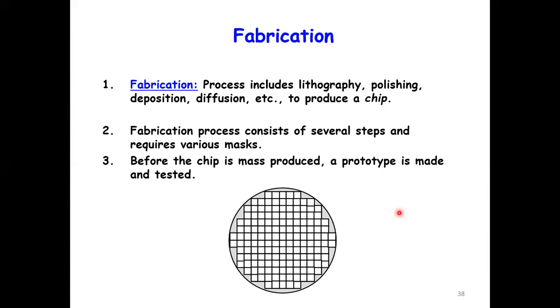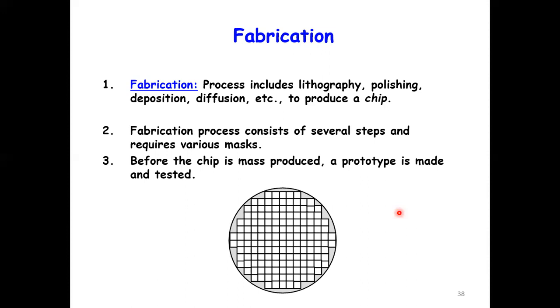Clear? So in a similar way here, when we are making a device, we follow all the VLSI design flow steps, and after following the steps we get the device, and that device we call the prototype.